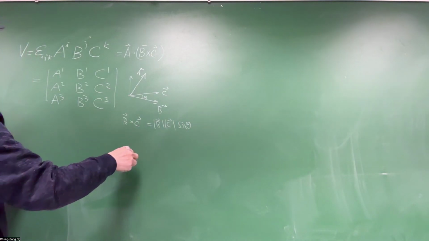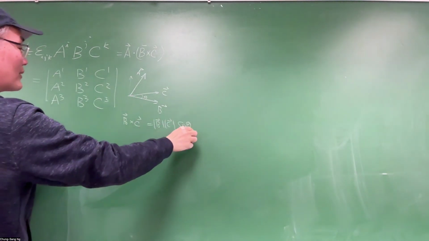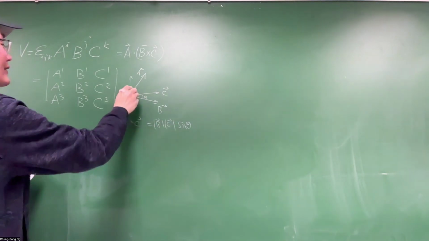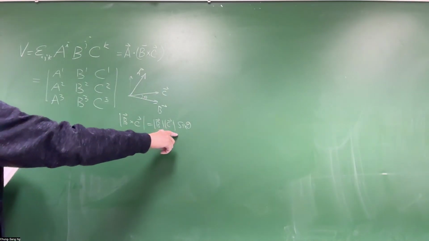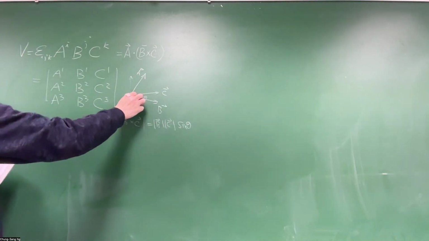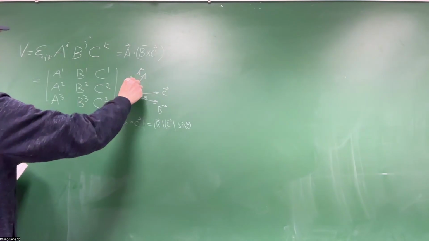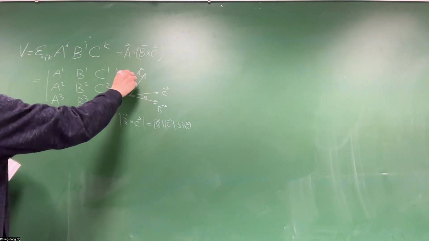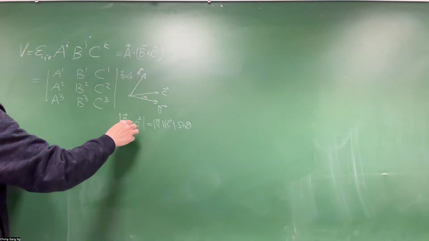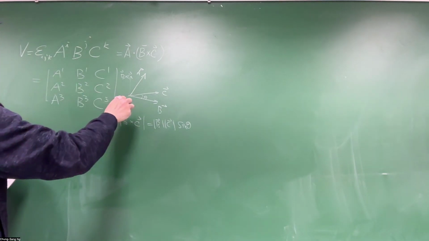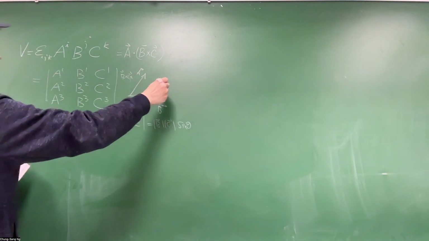So it has that perpendicular direction. Now you can do a dot product between A and this vector B cross C. It's like a projection of A onto this direction.